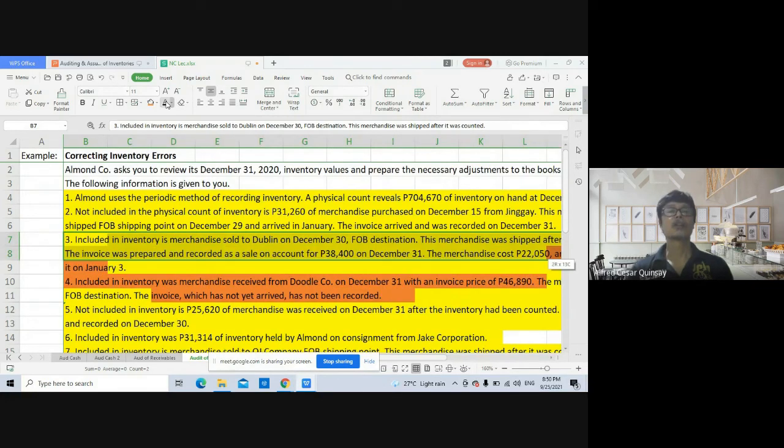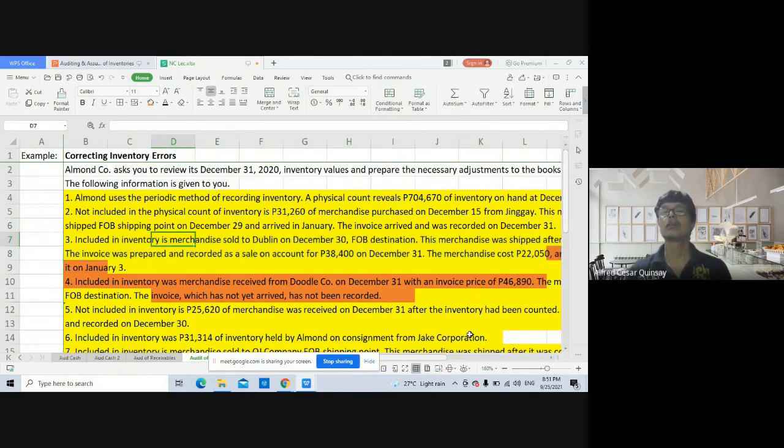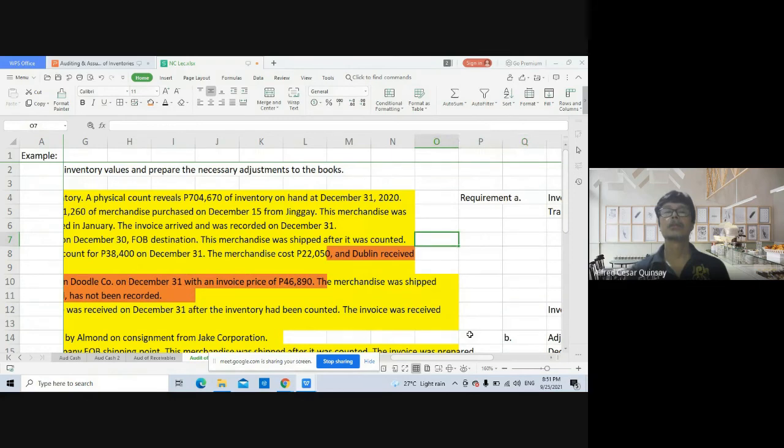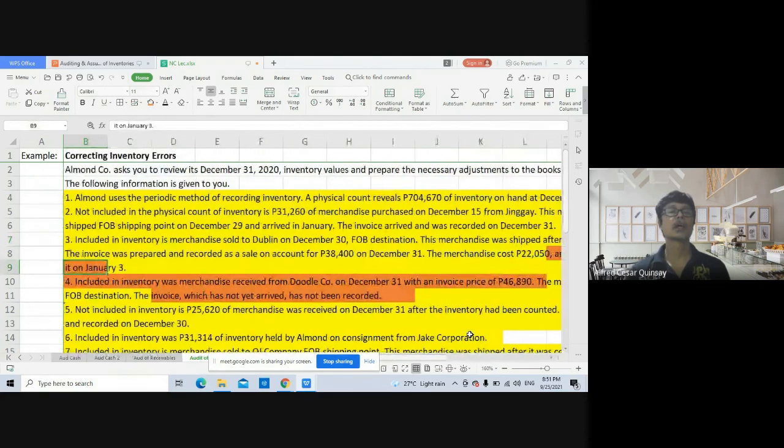Now the invoice was prepared and recorded as a sale on account for 38,400 on December 31. So we have already recorded the sale as of December 31. But the merchandise has not yet been received by Dublin, and Dublin only received that on January 3.